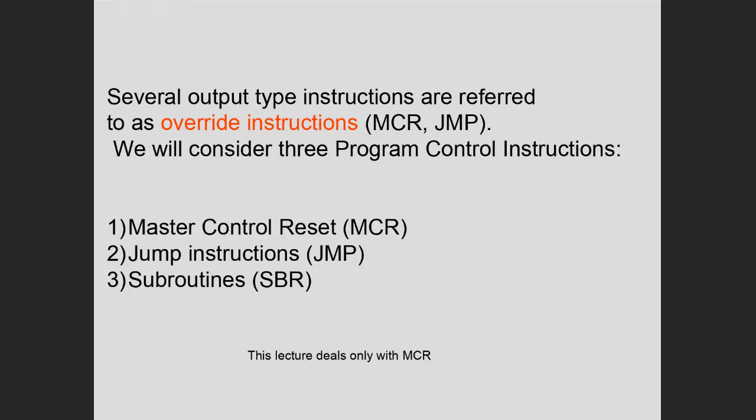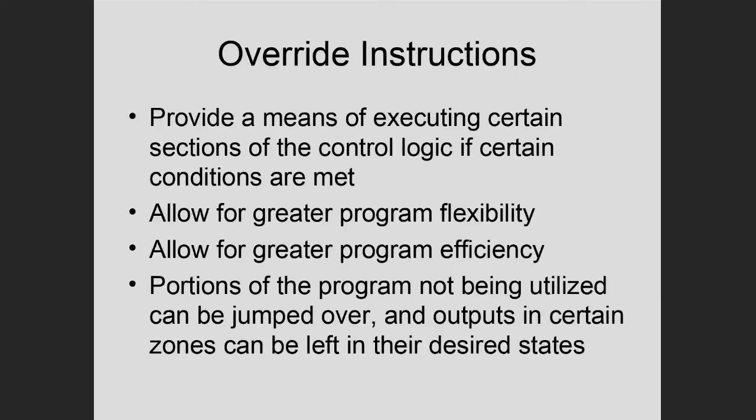2 of these instructions, the MCR and the jump, JMP, are called override instructions because they allow you to basically skip over certain portions of your program. Override instructions are useful for several reasons. They have certain benefits or advantages.